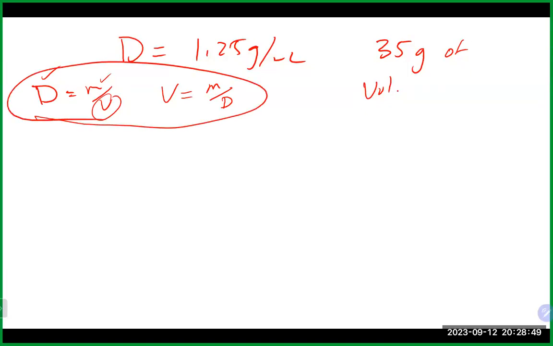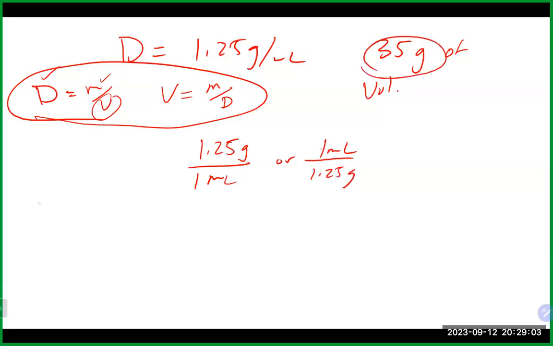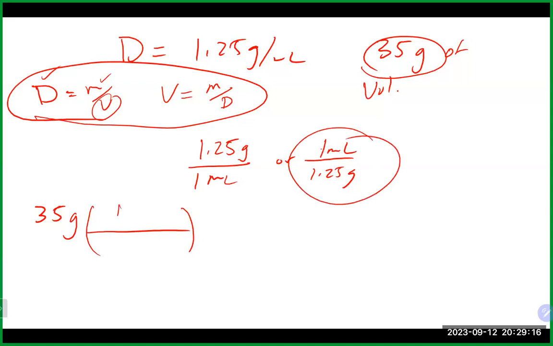You could use density as a conversion factor, and say 1.25 grams per milliliter, or a milliliter is 1.25 grams. And I know I have 35 grams. So I know I want to get rid of 35 grams and figure out the volume. So you could approach it like a dimensional analysis problem and go, all right, I need to get rid of the grams, so I want to do this move.